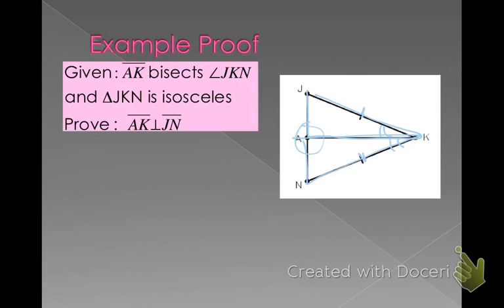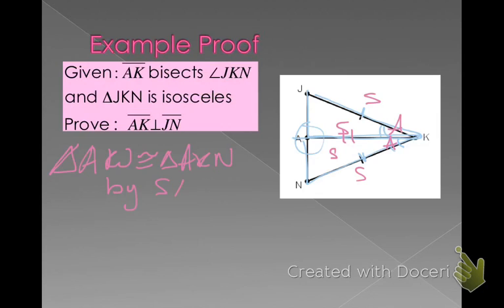So I have additional information to add in. I can say now that I have side, angle, side in both. Okay, I can say that triangle AKJ is congruent to triangle AKN. By side, angle, side.